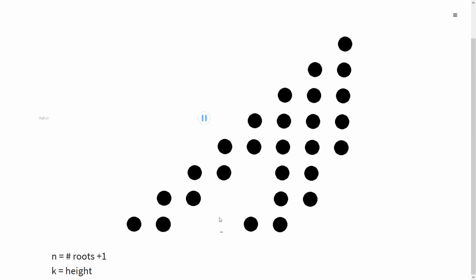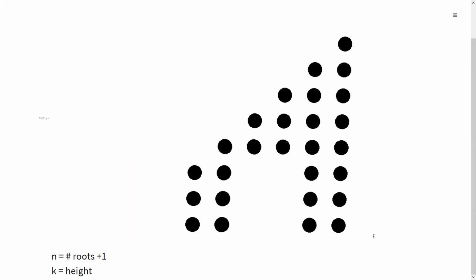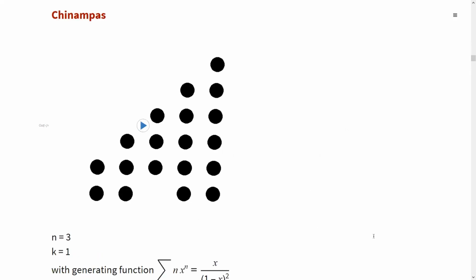And now to prevent them from collision, there should be at least one white space between two roots. N, again, is the number of roots plus 1. So when k is equal to 1, when the height is equal to 1, we found that there are as many configurations as n.